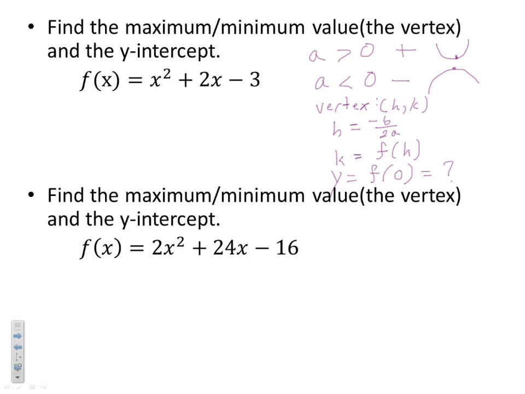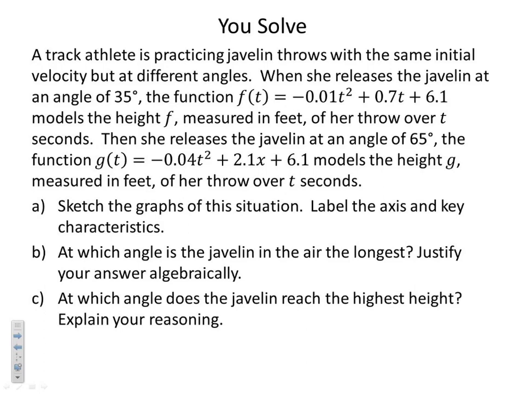And then I'd like you to solve this problem, and I want you to sketch the graph. I want you to label the axes and key characteristics. Notice here that this one is opening down. That's kind of important. The key characteristics that they want you to label are these things. Are you ready?